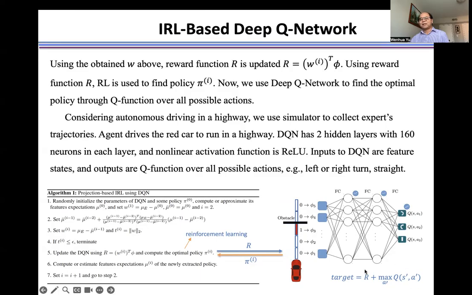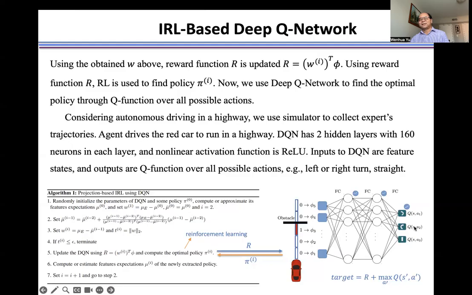And this target plus the reward from inverse reinforcement learning gives us a target to train this Q network. The Q network has the input, which is the feature vectors, and the output is the Q value over all the possible actions. That means, from the Q network, we can find which action is the optimal policy.